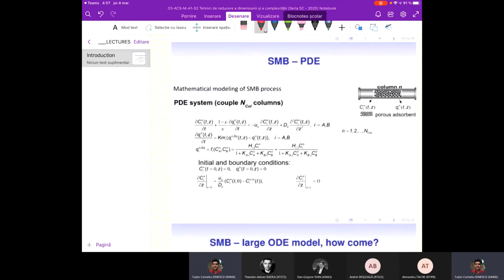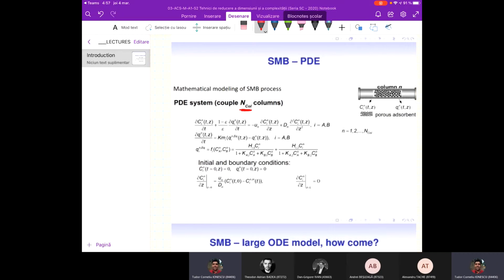And here we show you the mathematical model of an SMB process. This is a section of a column of the process, okay? And you have a number of columns which is given by n-col, and each of them is governed by this set of nasty partial differential equations with initial and boundary conditions.